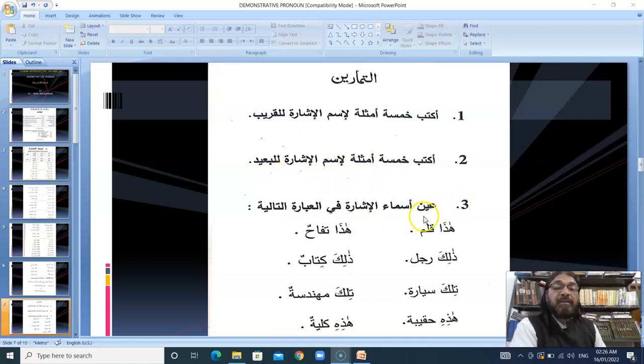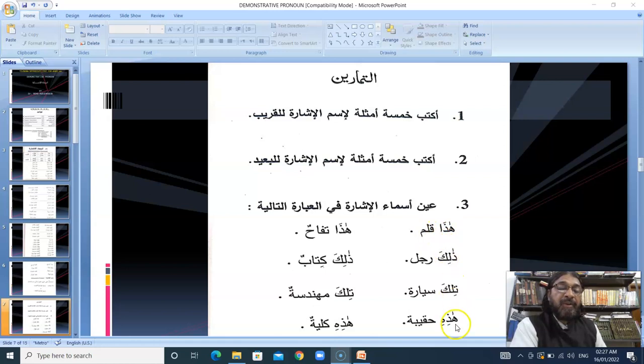Then third one, ayyin, identify asma'ul isharati, demonstrative pronouns, fil ibarati taliya, in the following sentences. So two things are here. One is ishara and second one is musharun ilayhi. What is musharun ilayhi? To whom we are indicating. And the word by which we are indicating, we are going to point out, those words will be called asma'ul ishara.